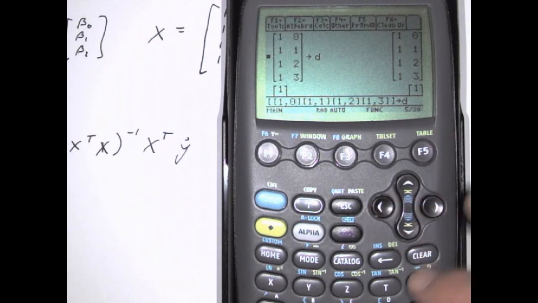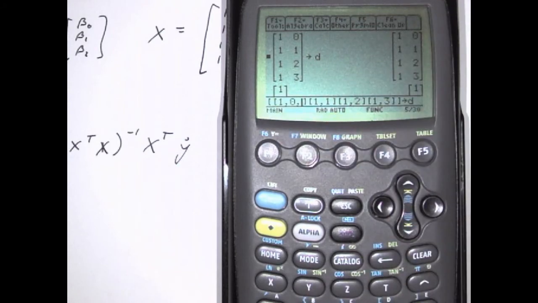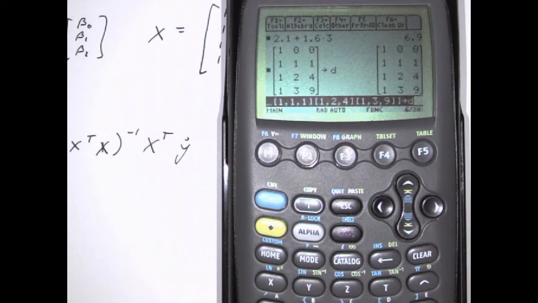Now notice it dropped my semicolons and changed it to its preferred format, but this is the first row, second row, third row, fourth row. So I'll just add in the extra piece that I need, which is a 0, which is a 1, which is a 4, and which is a 9. Okay, so now hit enter, and hopefully what I get should be the one I want. Looks good to me.